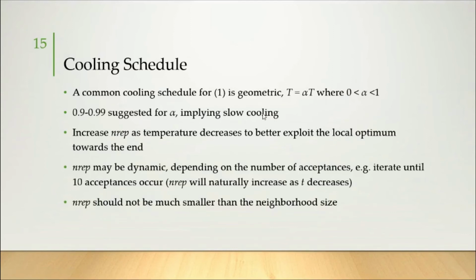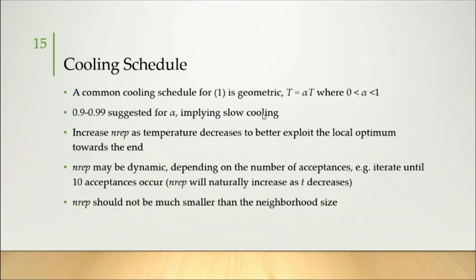Here alpha is the cooling rate, and n rep is the number of repetitions at a given temperature. When we increase n rep, the number of repetitions within a specific temperature, as the temperature decreases, we can better exploit the local optimum towards the end. So increasing the number of repetitions as well as decreasing temperature can be done simultaneously.